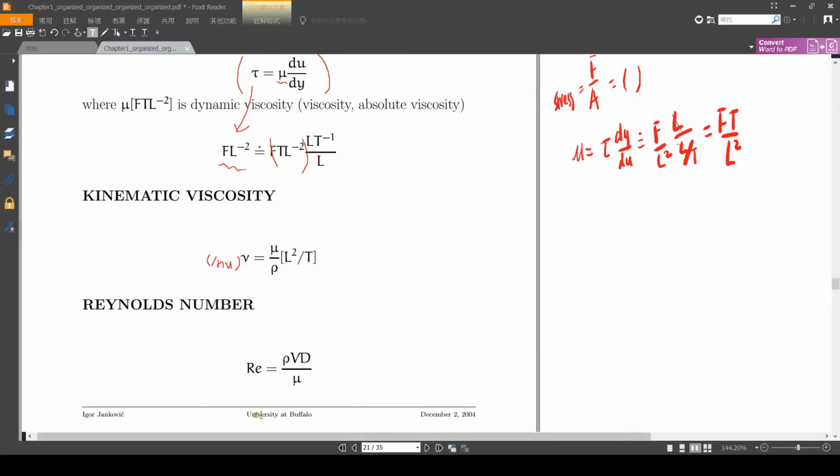This number is very important, and we will introduce it later, but you have to know why viscosity is so important: viscosity reveals certain properties of a fluid, and this is the very different part between a solid substance and a fluid, because in a solid there is not much talk about viscosity.